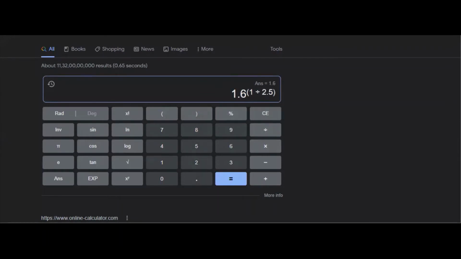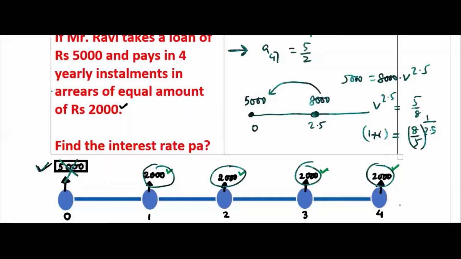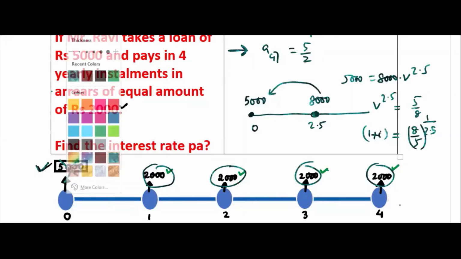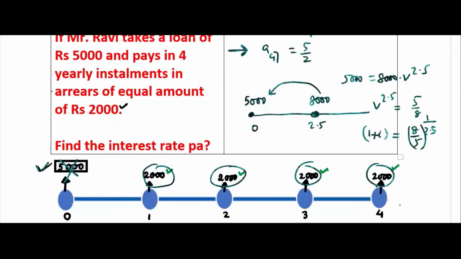If I find this one, I get 1.2068, then I will be 0.2068. You see, we got a value of I as 0.2068.